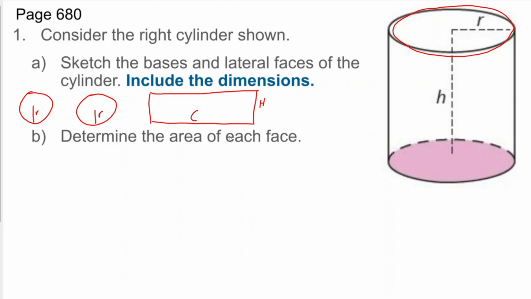So to determine the area of each face, well, this is pi r squared, and this would be circumference times height. I'm going to change that to 2 pi r, which is the equation for circumference, times height to give me the area of that.